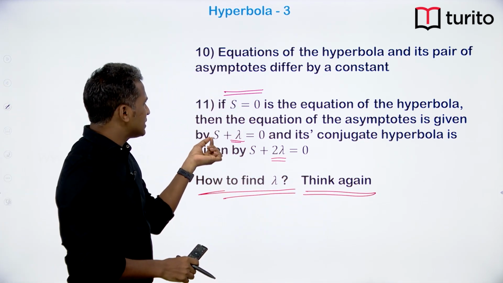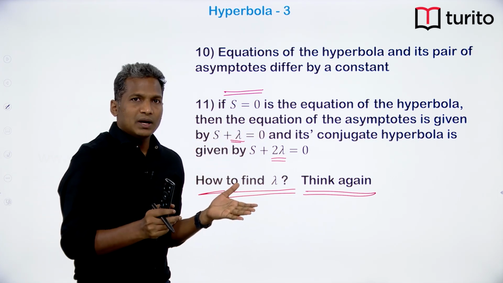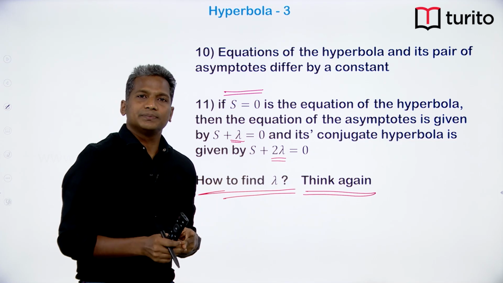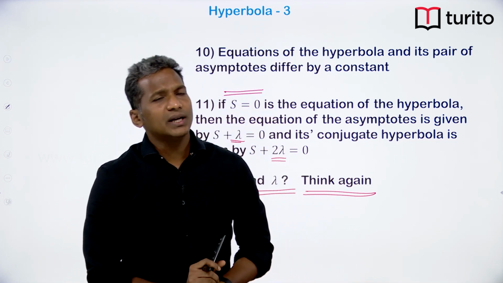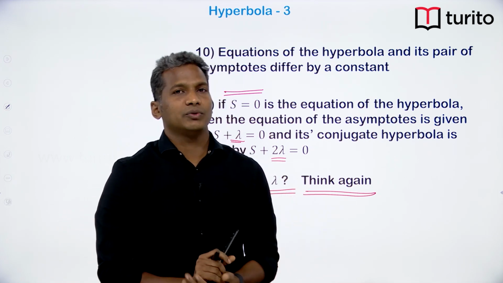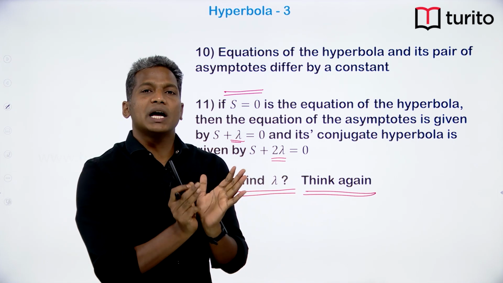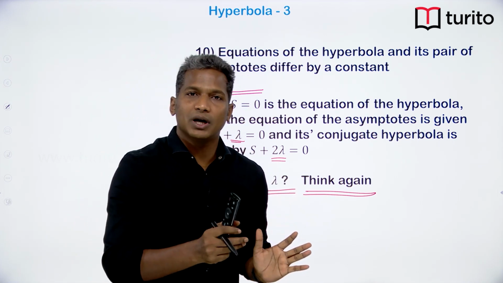Suppose S plus lambda is equal to 0, this is the equation, and we got only the asymptotes. Now, having two lines as the asymptotes, how many hyperbolas are possible? We can get infinite hyperbolas. Just because asymptotes are given, it does not mean you have the equation of the hyperbola completely.